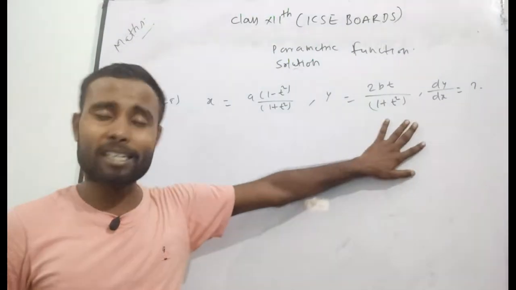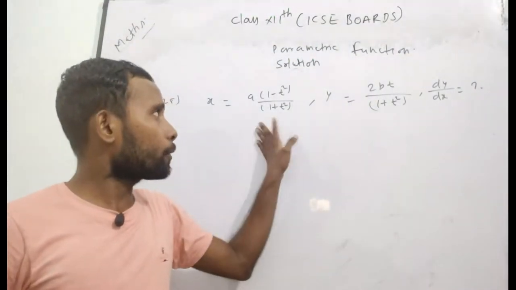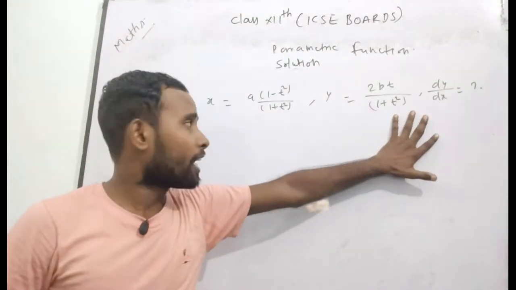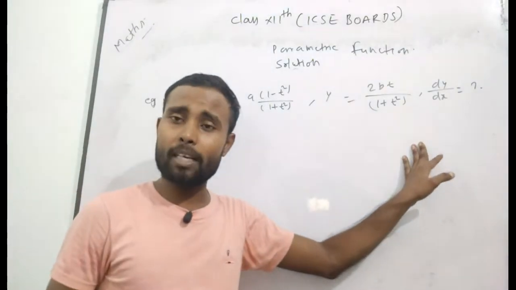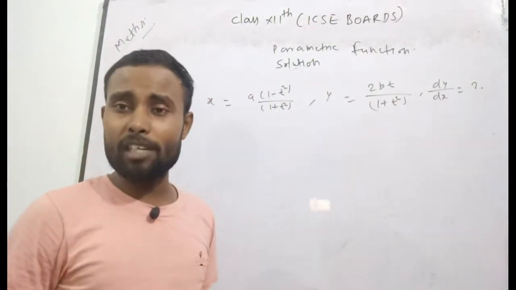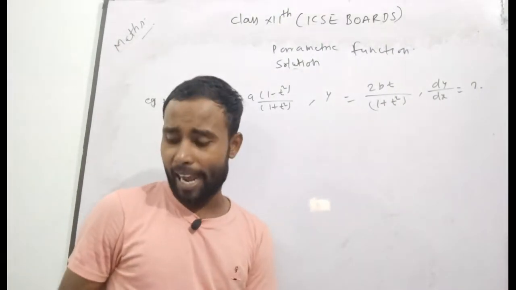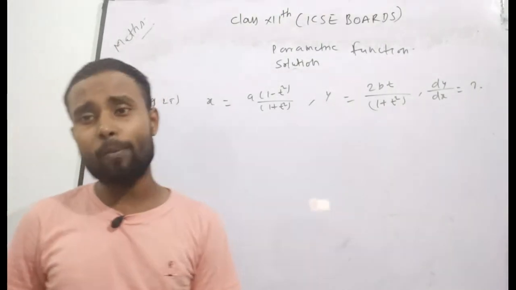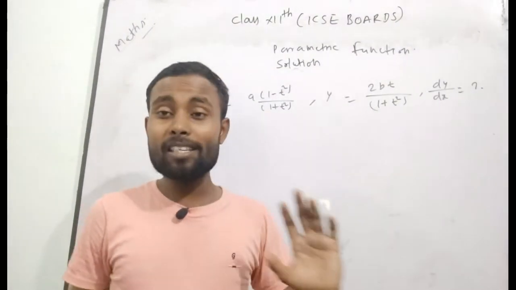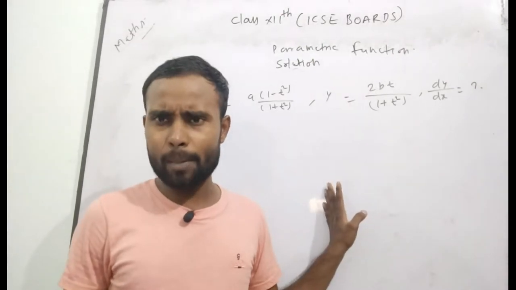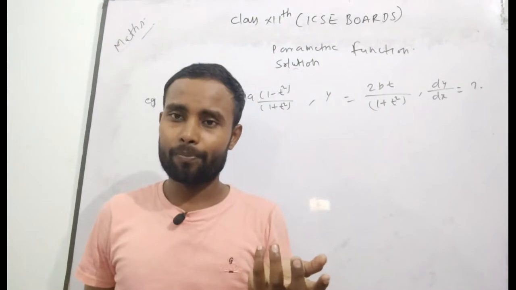Other than x, y, and t, all terms are always treated as constants, because here x and y are both functions of t. As a general method, you can find the derivative of y with respect to x easily. But I will suggest some alternative method.